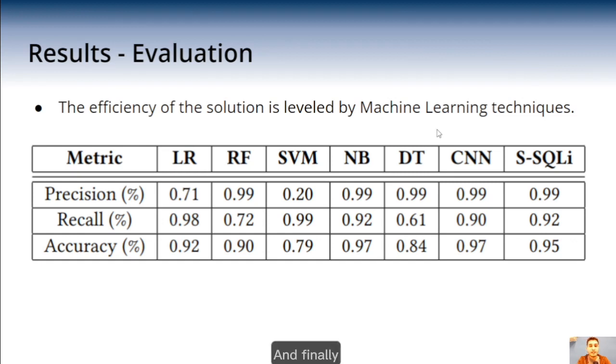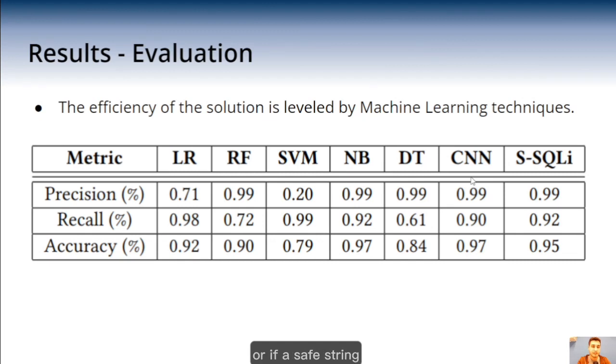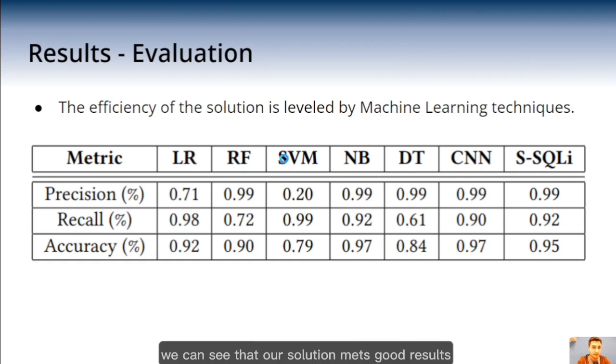And finally, the recall shows the correct identification including positive and negative values, that is, if a threat is really a threat or a safe string is really a safe string. By these results, we can see that our solution compares well with these machine learning models.